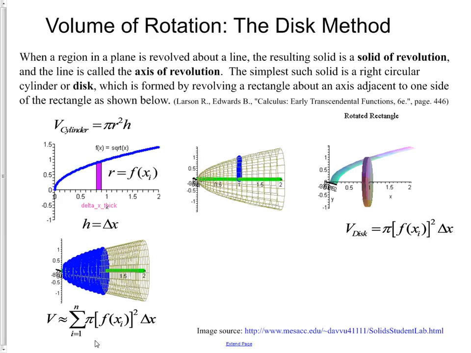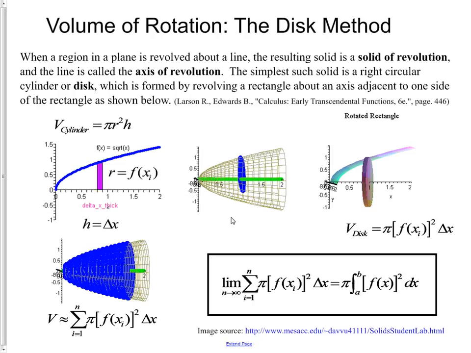Now, that's fine if we have a fixed number of delta x disks, but remember that in the past we've said, let's let the number of disks increase towards infinity. That is, each one of these disks gets smaller and smaller, and so our volume approximation gets better and better as those delta x's get smaller.